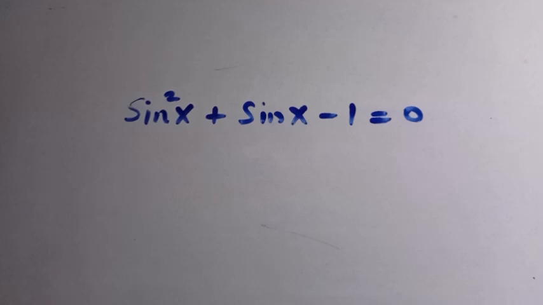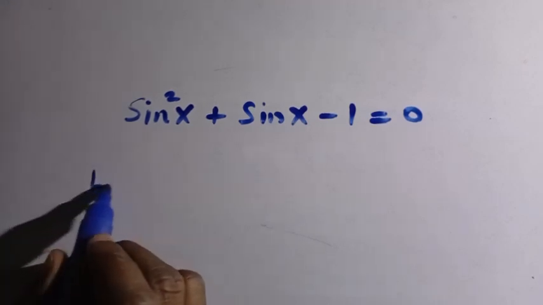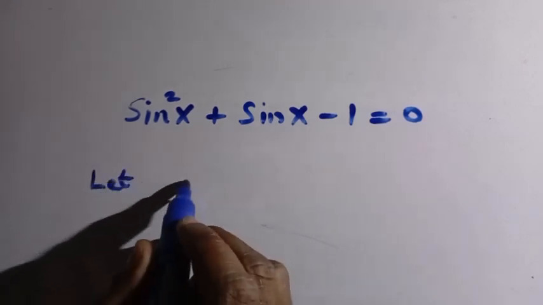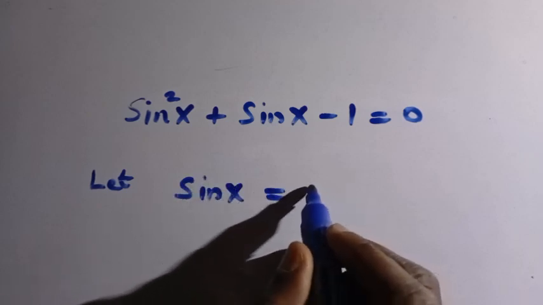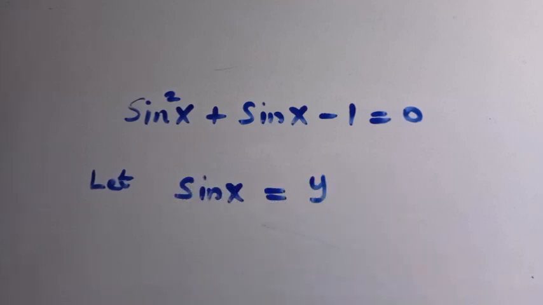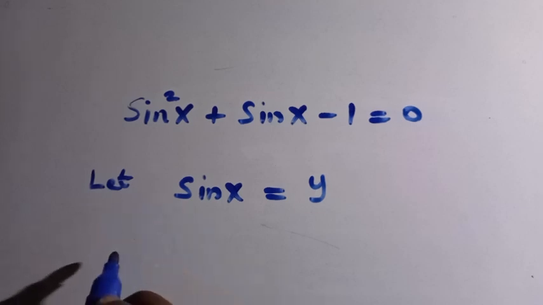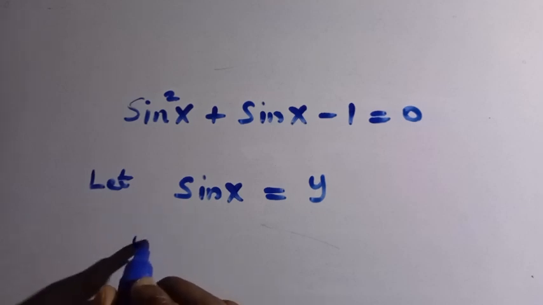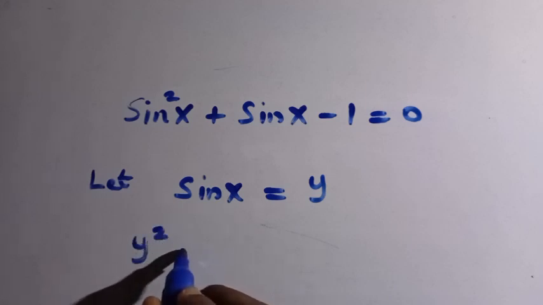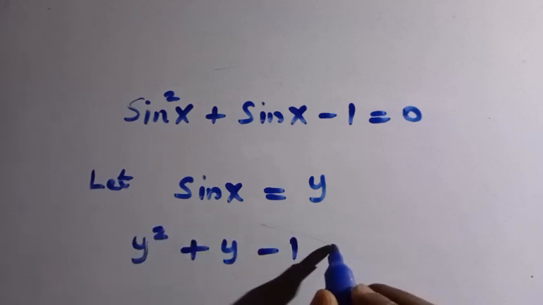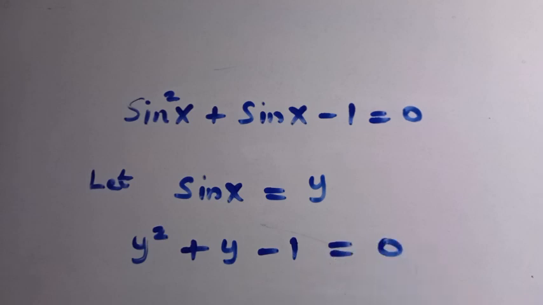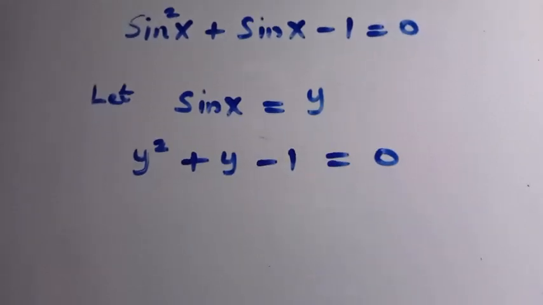Suppose I let sine x equals y, and by replacing sine x with y, we are going to have y squared plus y minus 1 equals 0. So we have a quadratic equation here, and let's try and solve this.